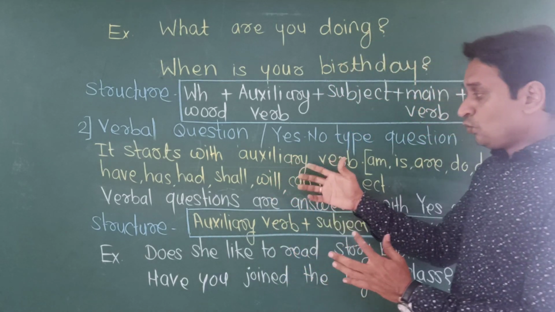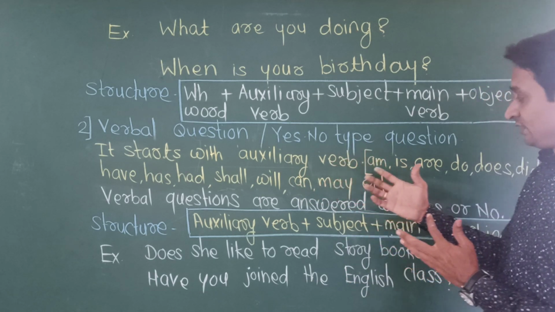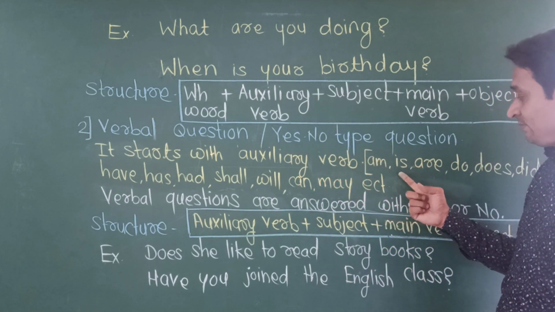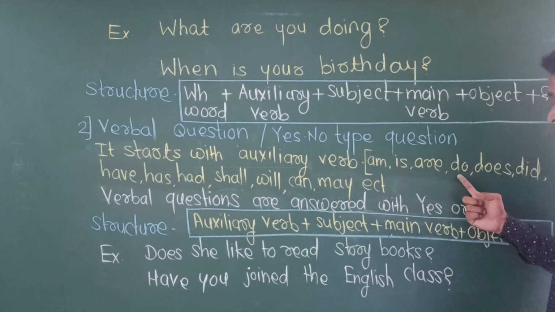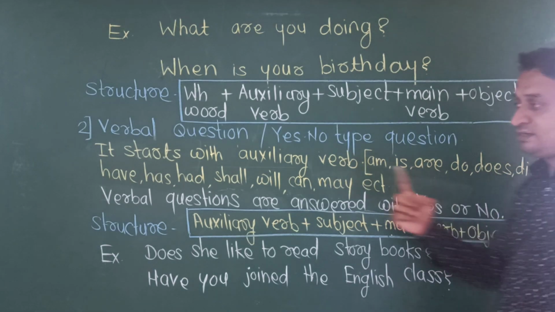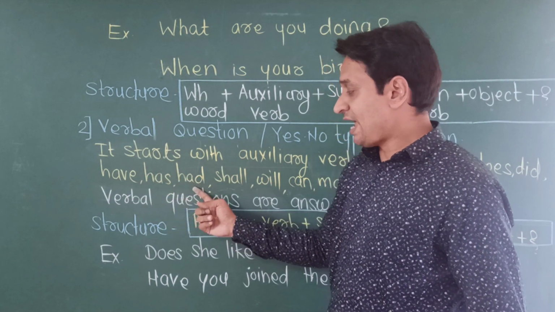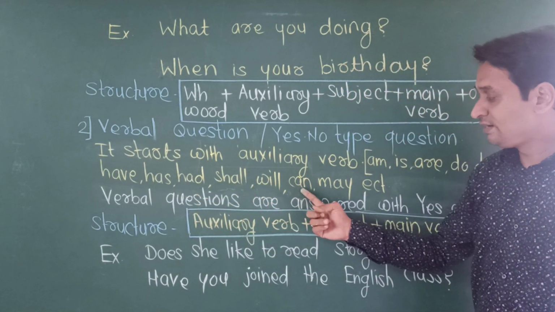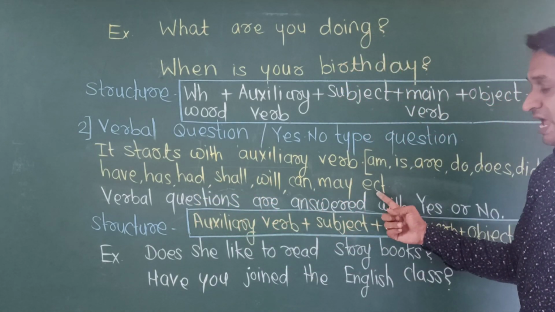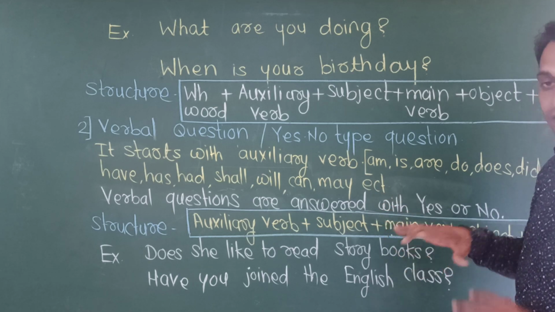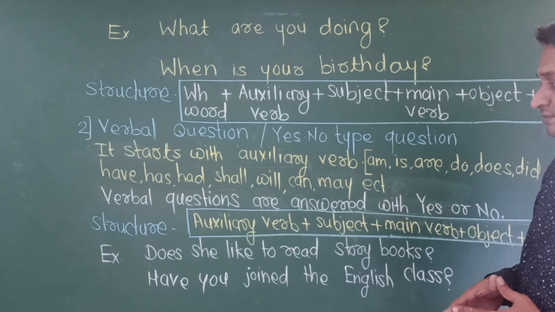Now, which are the auxiliary verbs? The auxiliary verbs are am, is, are, do, does, did, have, has, had, shall, will, can, may, etc. These are the auxiliary verbs.